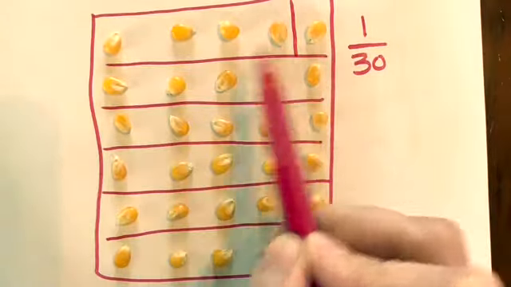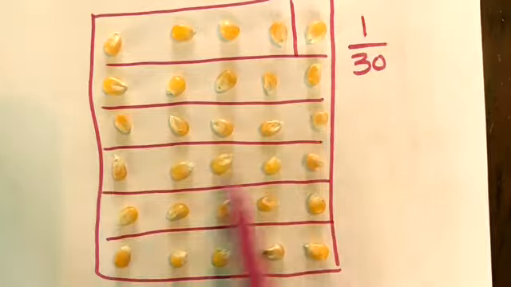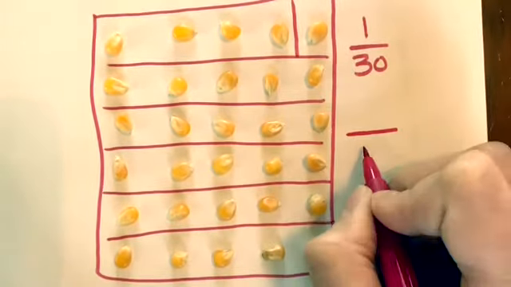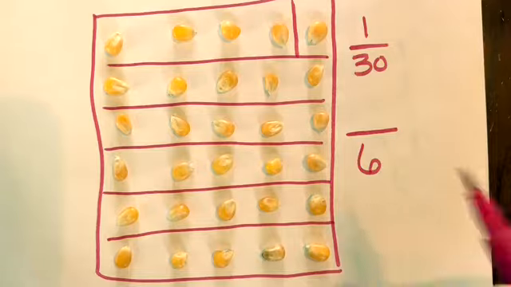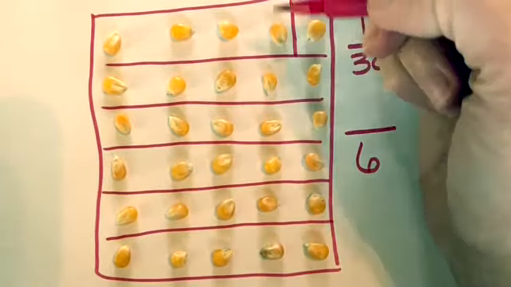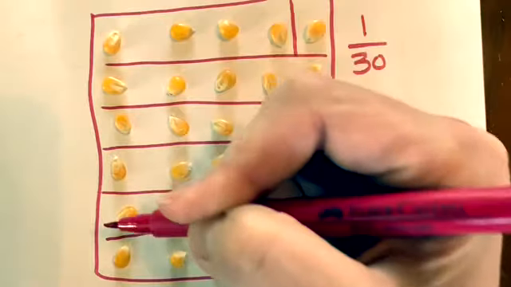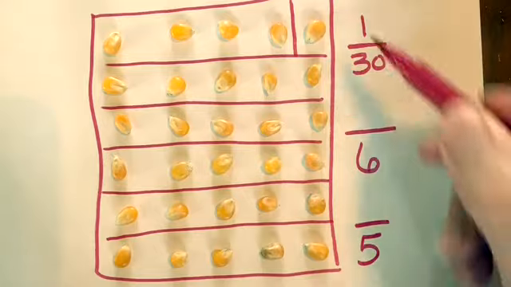But if I think of these as 1, 2, 3, 4, 5, 6, then I can start thinking of this group in sixths. I can also think of them this way: 1, 2, 3, 4, 5. I can think of them as fifths.